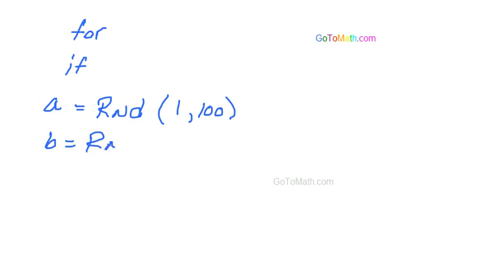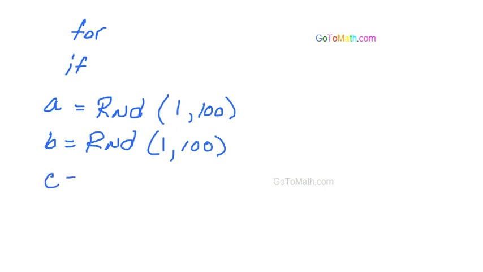And so we're going to use our random function, call it RND. Let's pick a number between 1 and let's say 100, and we'll say this is A. Alright, and then B, we'll assign it a random number between 1 and 100.